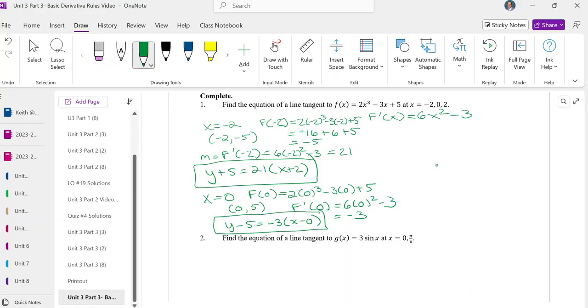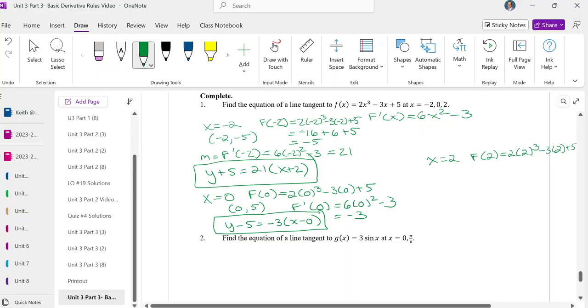And last but not least, when x equals 2, well, f of 2 would be 2 times 2 to the third minus 3 times 2 plus 5. So it would be 16 minus 6 plus 5. It would be 15.